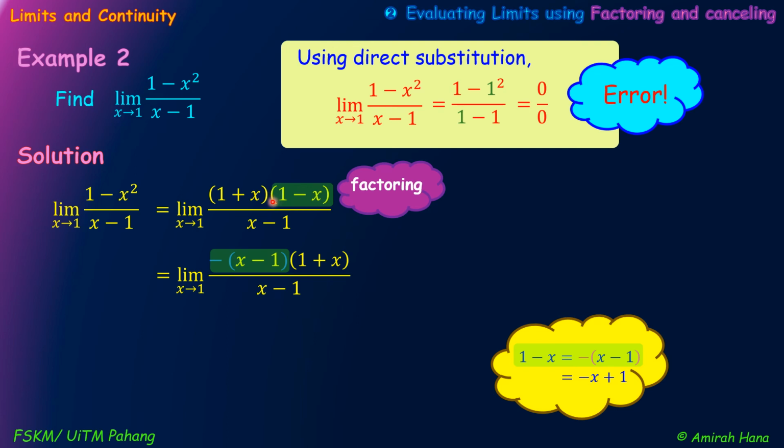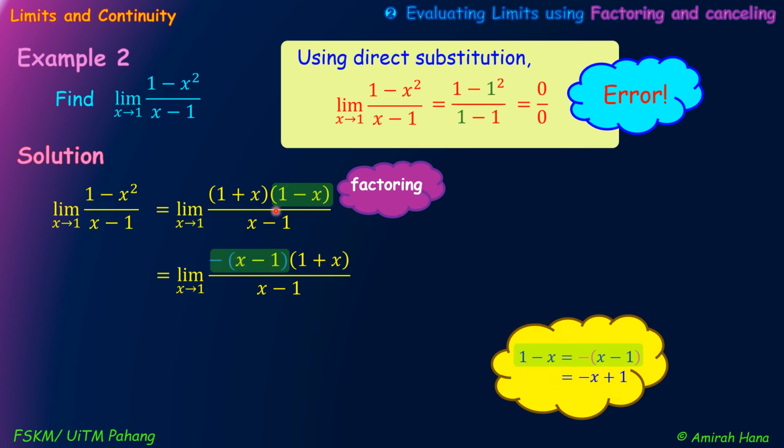Maybe they think that is a minus operation, but actually this is a multiplication operation. So to avoid error, we better put this factor in front. So now we write 1 minus x equals negative bracket x minus 1.